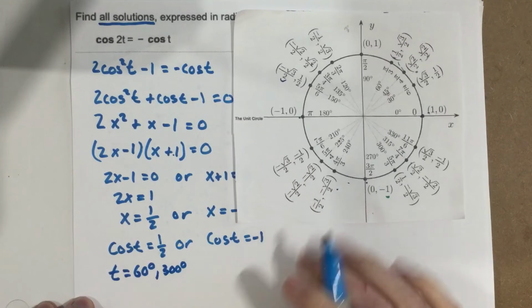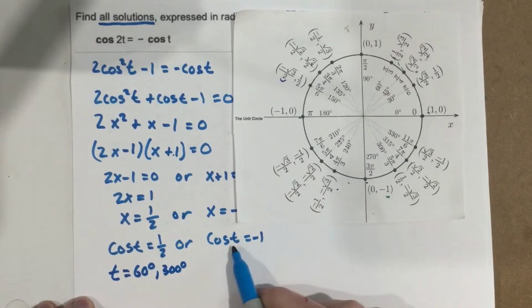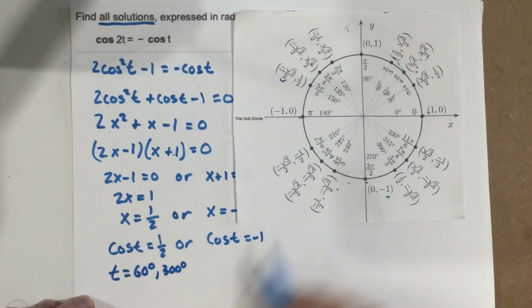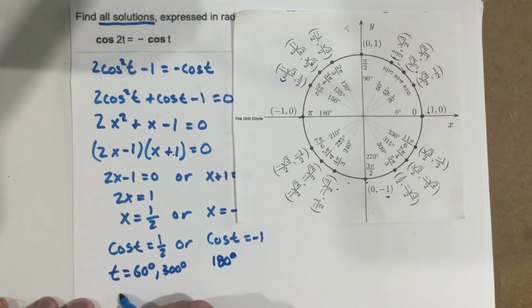And finally, it says cosine t is negative 1. Well, cosine t is negative 1 at only one spot, which is pi, or 180 degrees. So our solutions in degrees are t equals 60 degrees, 180 degrees, and 300 degrees.